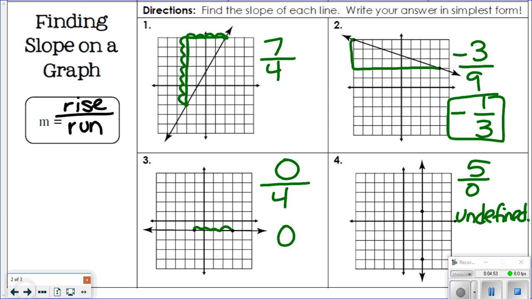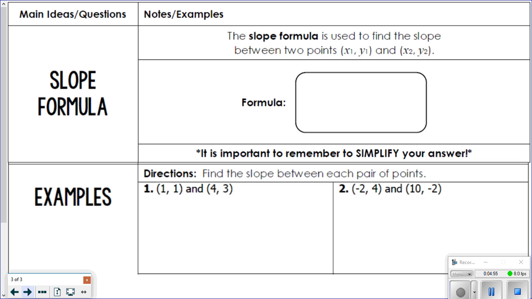All right, let's get into the slope formula. The slope formula is used to find the slope between 2 points. So when we're given two ordered pairs, so we have x1, y1, x2, y2, our formula is y sub 2 minus y sub 1 over x sub 2 minus x sub 1.